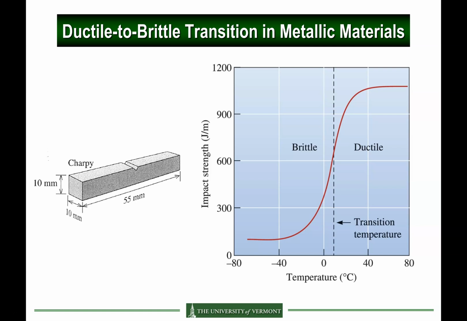This is not what we're going to do in lab number 6, but I wanted to show you a result from this type of experiment. If you remember from your materials engineering course, a sharp impact test is basically a hammer hitting a small beam on which we created a notch. The notch is right here.